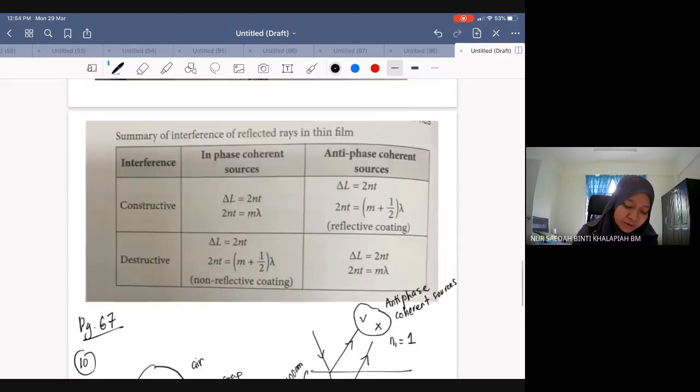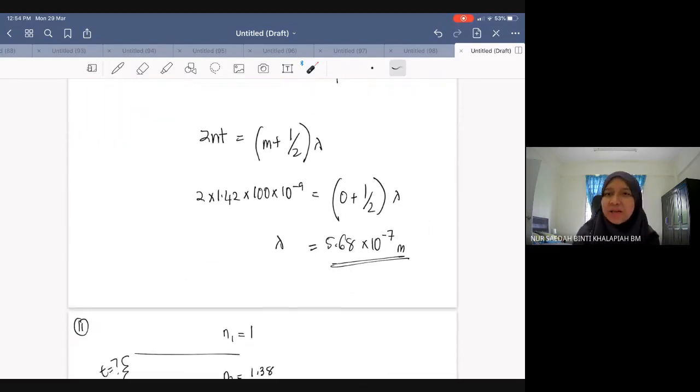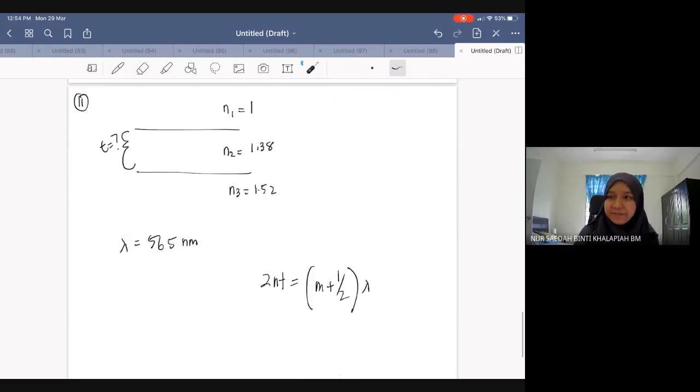Okay, so you can look back the summary. Dia adalah formula yang sama. So tak perlu pun decide kan in phase ke anti phase coherent source, sebab dia dah bagi tahu dah terus sama ada reflective coating ataupun non-reflective coating. Kalau dia tak bagi tahu reflective ataupun non-reflective coating, waktu itulah kita kena cari kita punya source tu in phase ataupun anti phase.